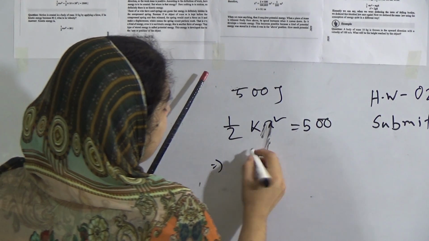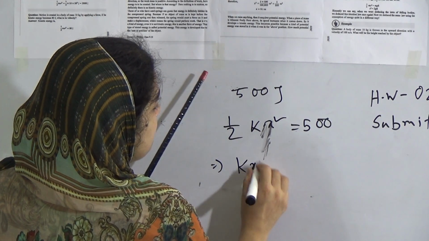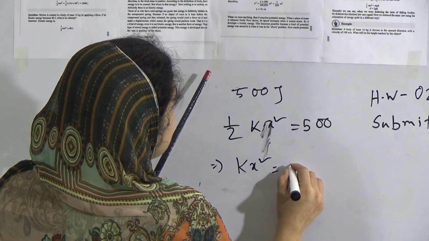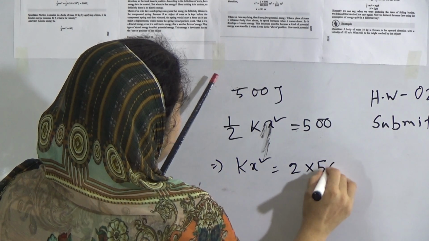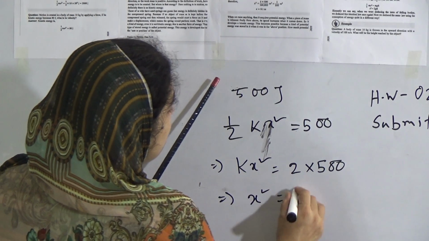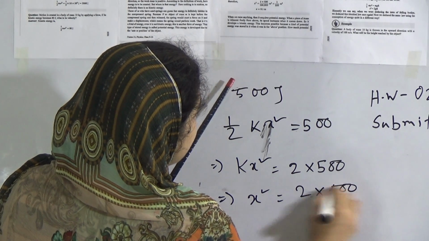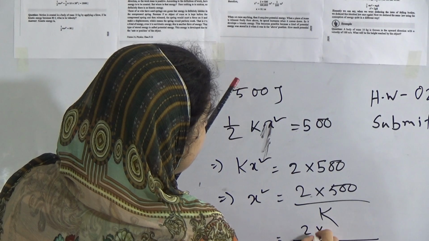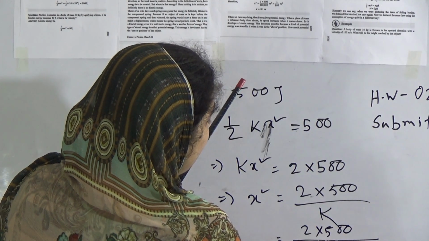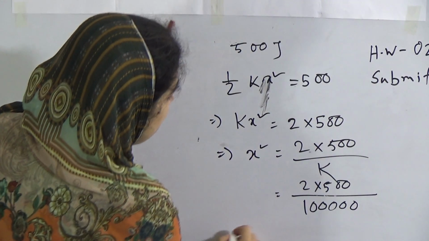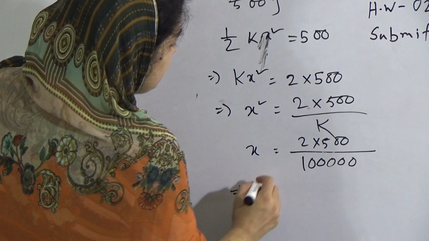So we can write kx square equals 2 into 500, so x square equals 2 into 500 divided by k, and the value of k is 1 lakh, as given.